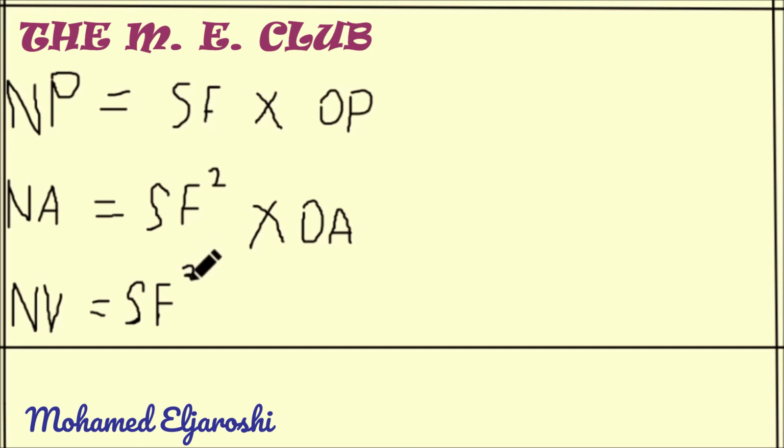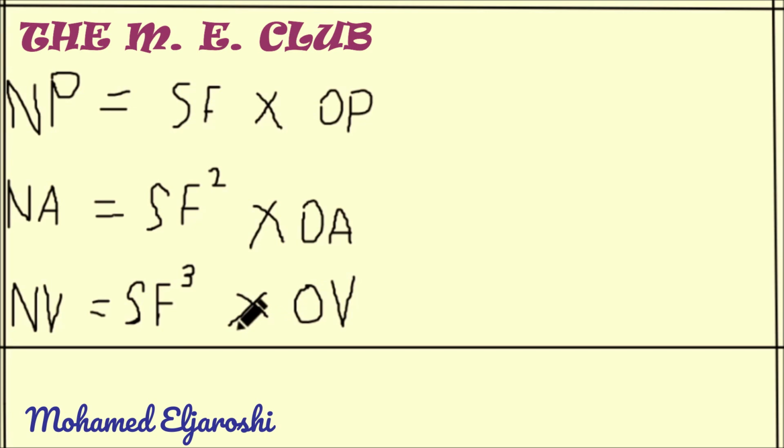That's it. You just understand the idea that the area is squared, so the scale factor must be squared, and then we multiply it by the old area. The volume is cubed, so the scale factor must be cubed, and then we multiply it by the old volume.